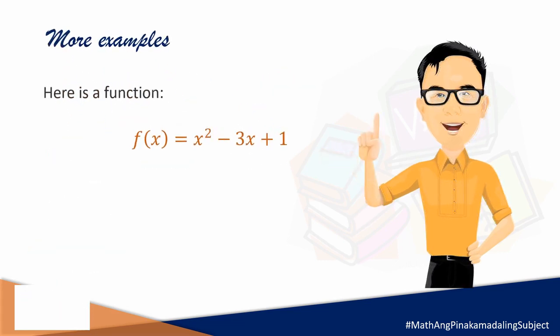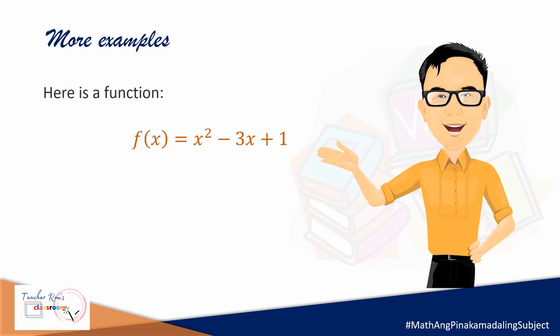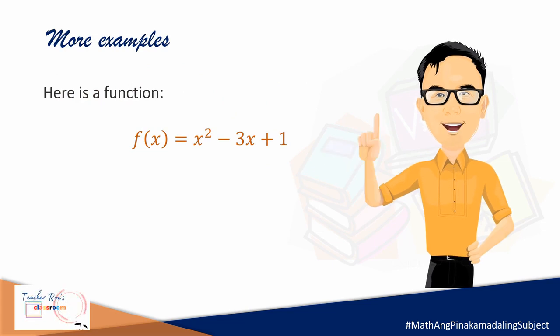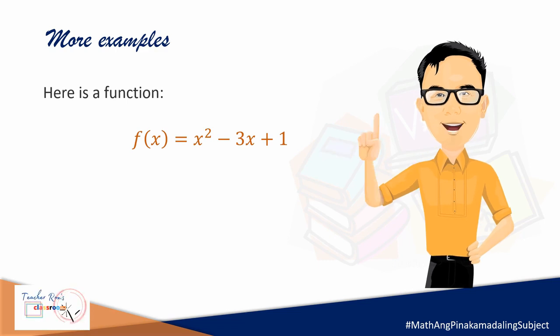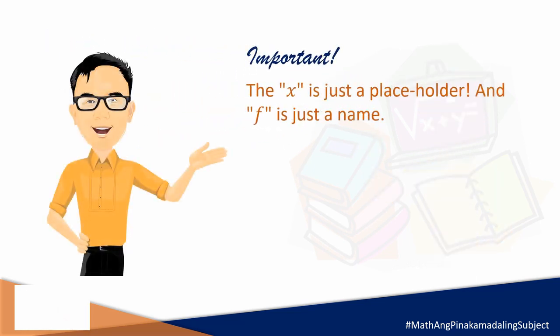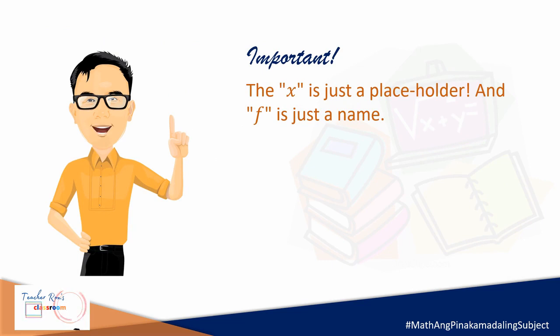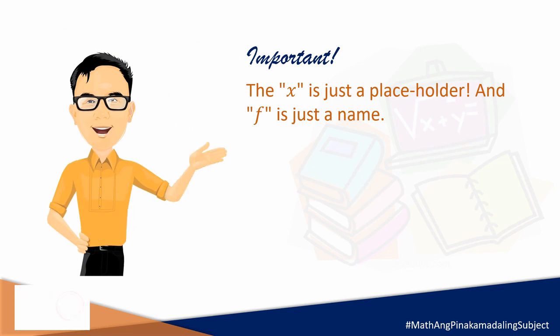More examples. Here is a function. f of x equals x squared minus 3x plus 1. This is important. The x is just a placeholder and f is just a name.